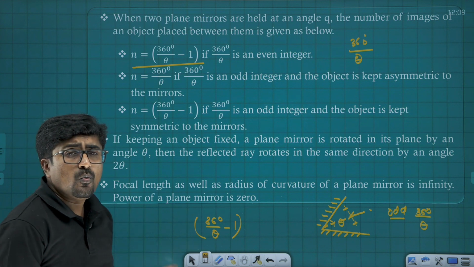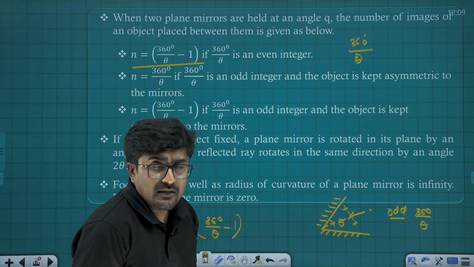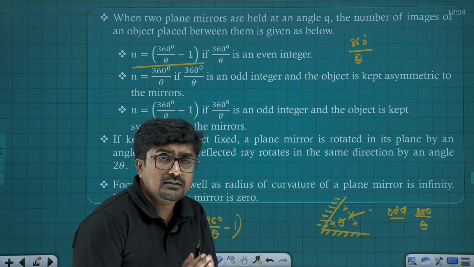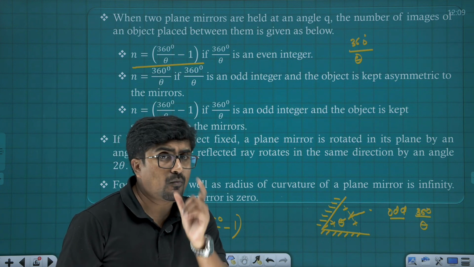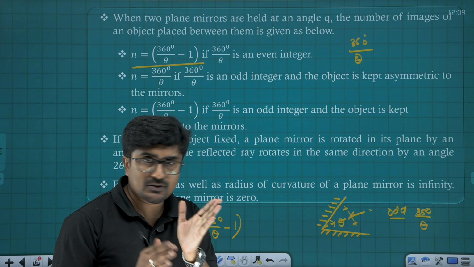Next is, what if the plane mirror is rotated through an angle theta? Through what angle will the reflected ray be rotated, provided the object position is not changed?